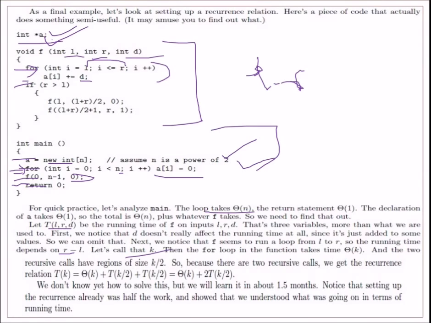And these are the two recursive calls. The two recursive calls have regions of size K by 2. How is this K by 2?